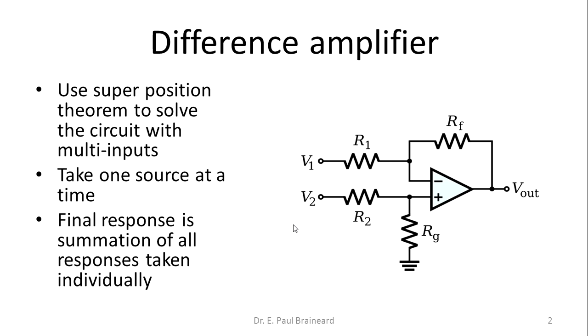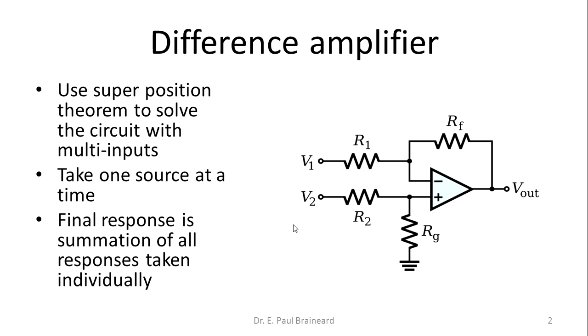The final response is the summation of all the responses taken individually. What I mean to say is, you find the output voltage because of V1, grounding V2, and find the output voltage because of V2 by grounding the voltage source V1.